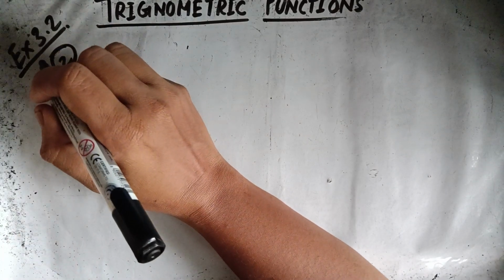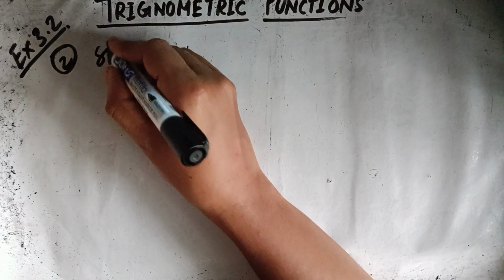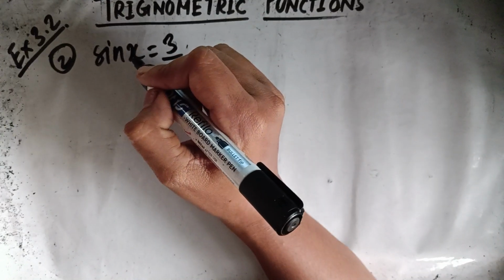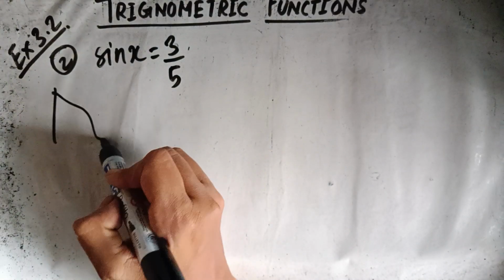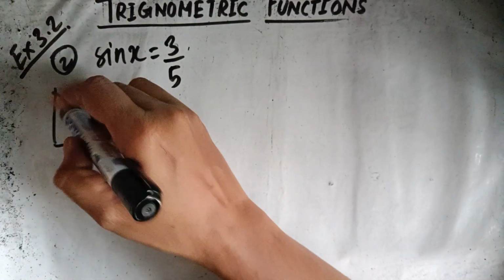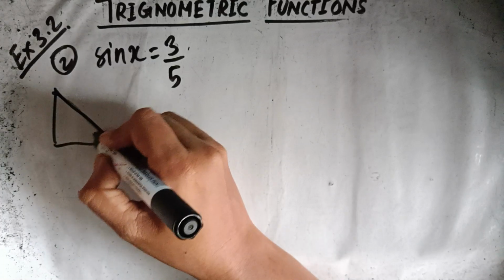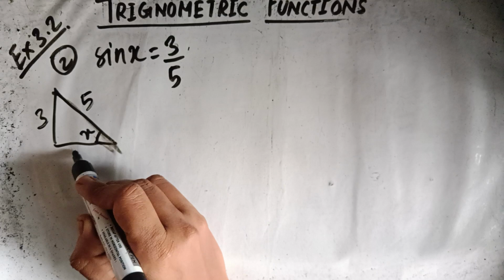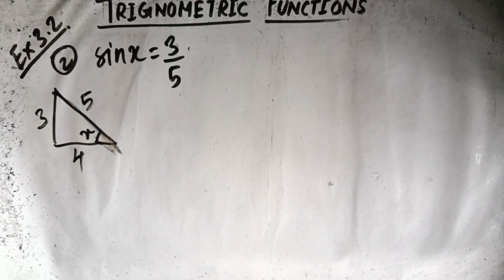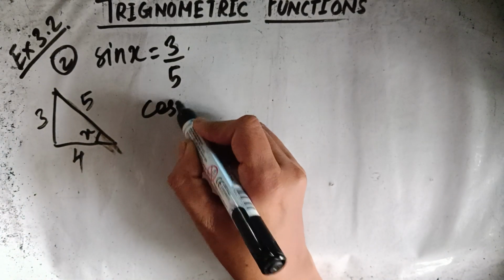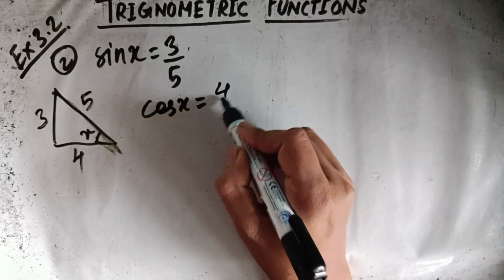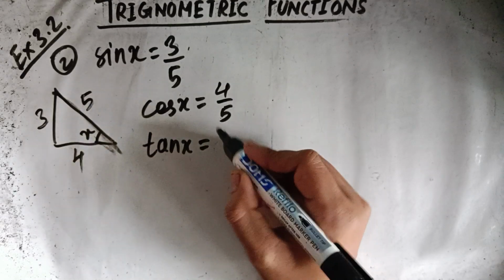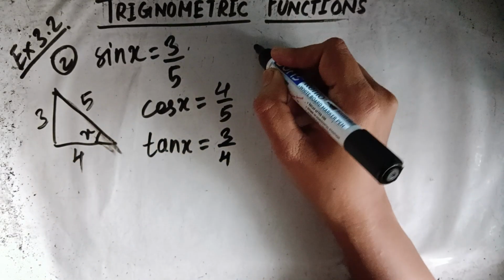Next is sin x equal to 3 upon 5, and x lies in the second quadrant. Okay. So drawing the triangle. So using triplets, this will be 4. Cos of x is 4 by 5. Tan of x is 3 by 4.